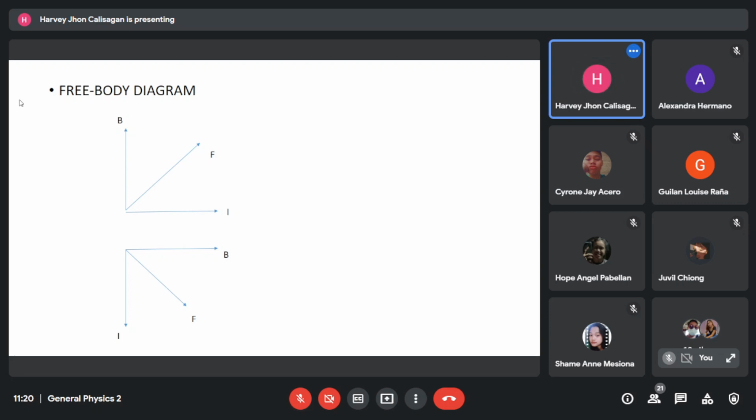We have here a B, F, I, which stands for the magnetic field for the B, force for the F, and current for the I. We have a force here that is interfering with the process that is happening between the magnetic field and the current.